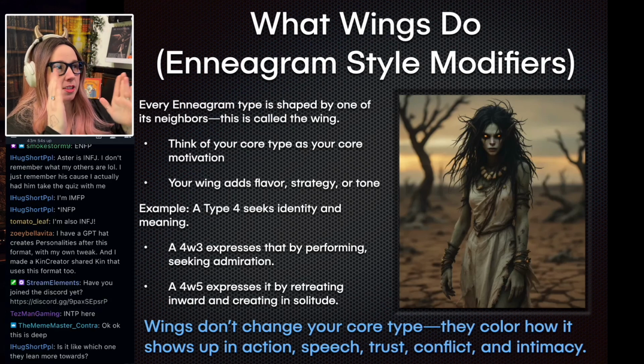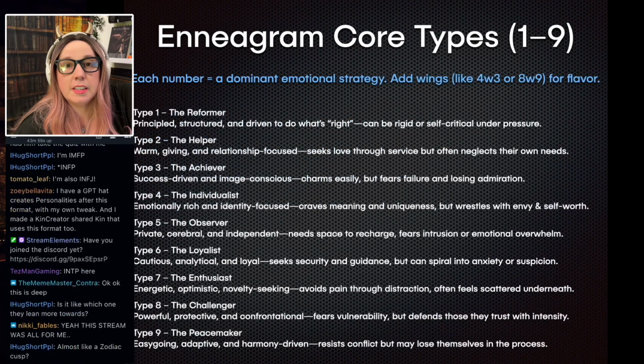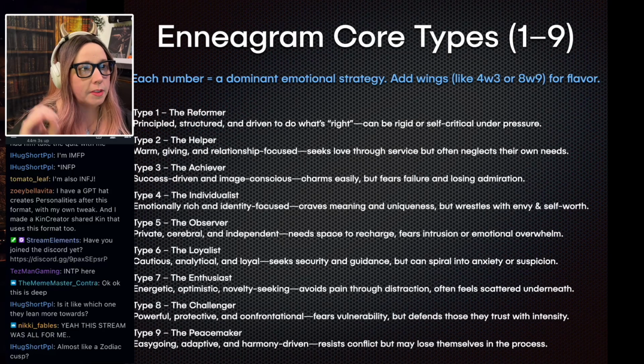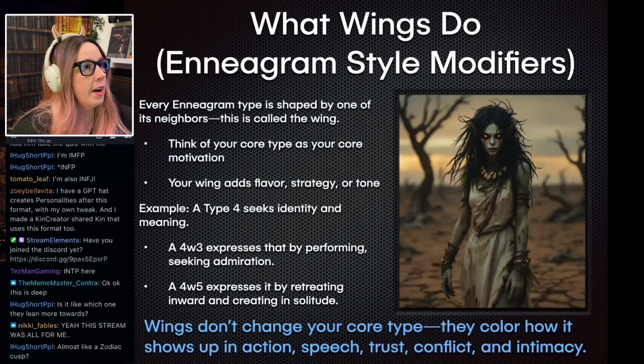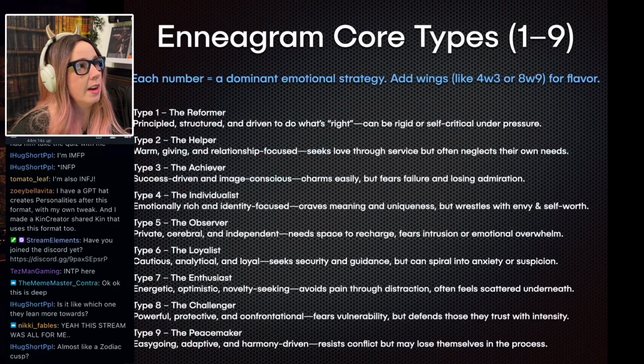So, like I said, if they're a 4, let's go back to our main chart. Type 4 is the individualist, emotionally rich and identity-focused, craves meaning and uniqueness, but wrestles with envy and self-worth, okay? But if they are a 4W3, a 3 is our achiever.